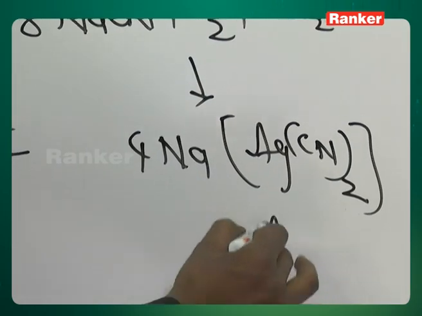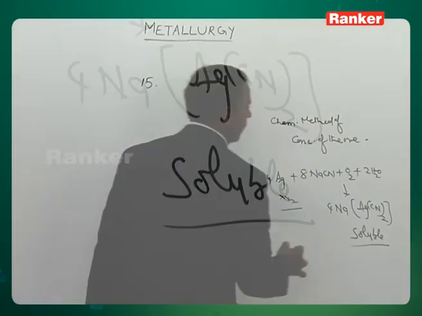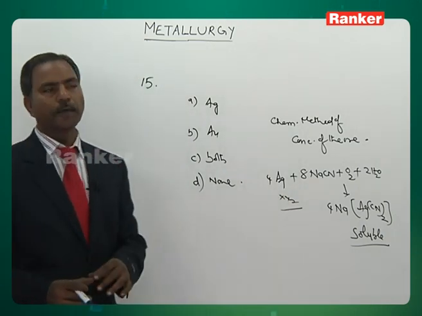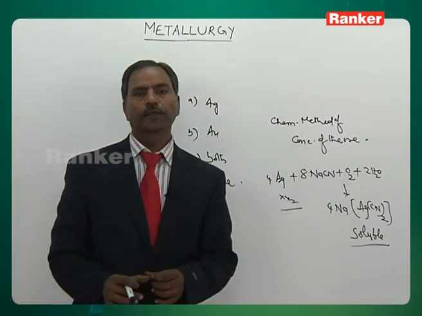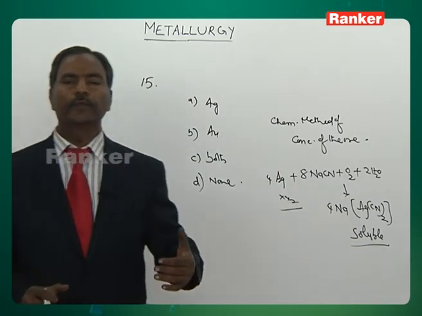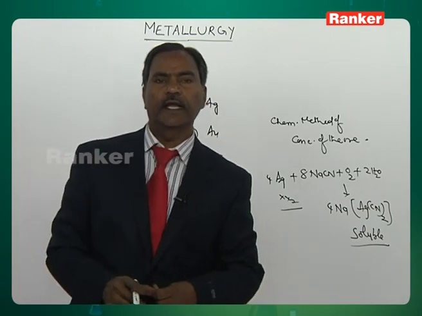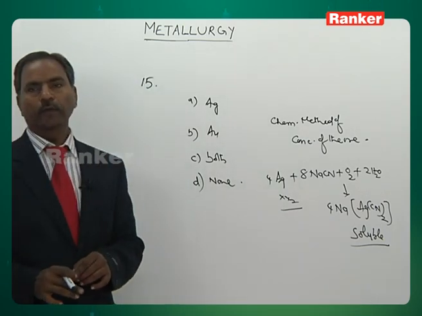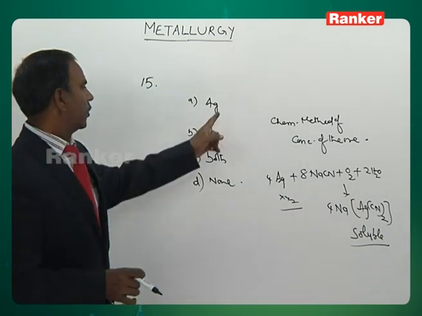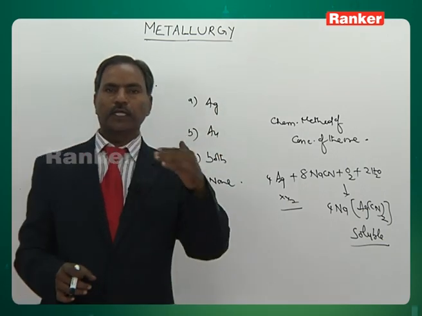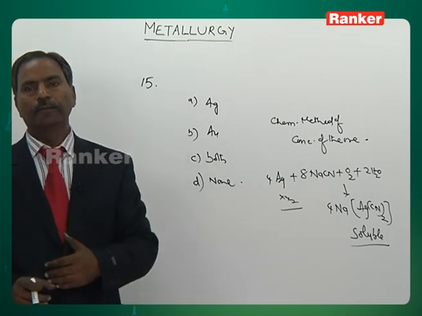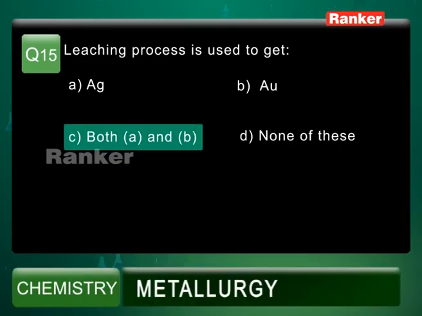Like this, you are getting a soluble complex of silver. Whatever impurities are there will be completely removed because they do not react with water and sodium cyanide. Silver and Au both are soluble in sodium cyanide. Therefore, leaching is one of the chemical methods to concentrate the ore or separate the metal. Both can be separated or concentrated from their ores. Therefore, question number 15, answer is C.